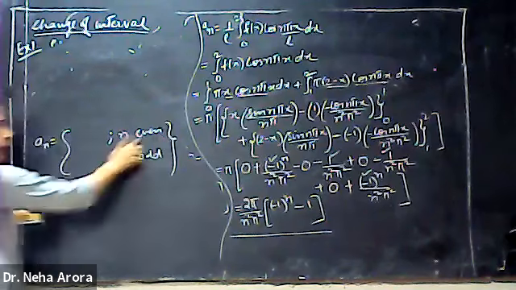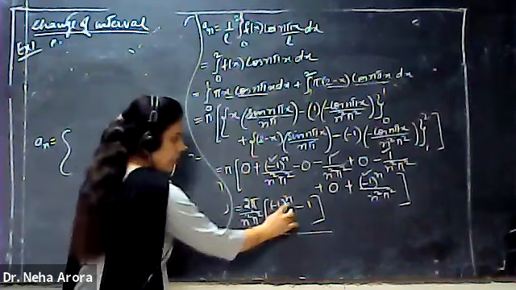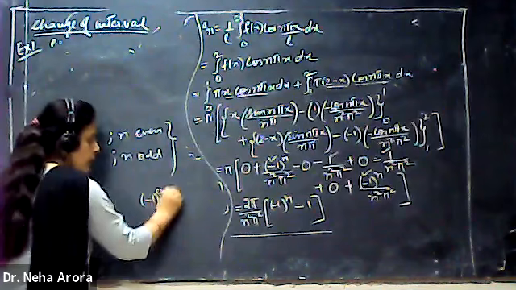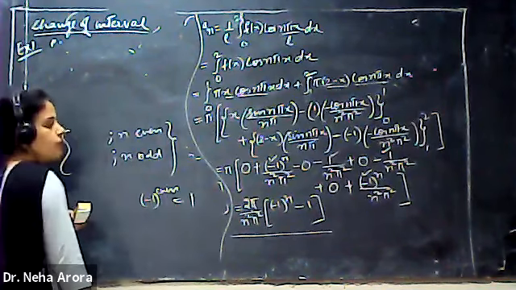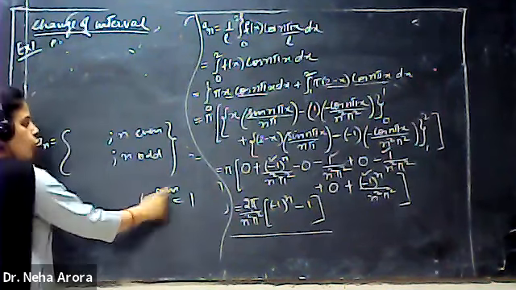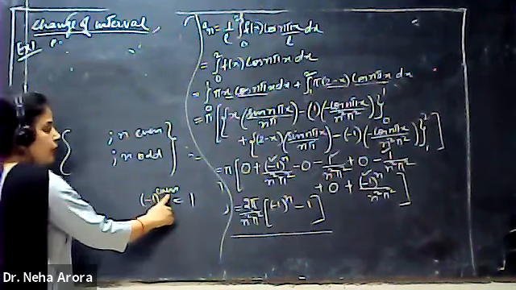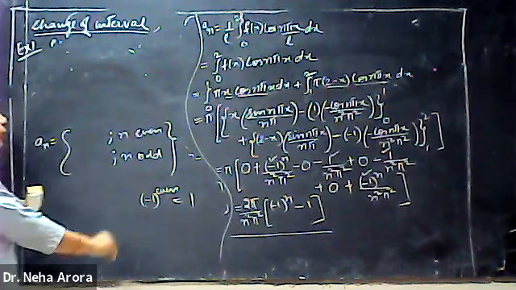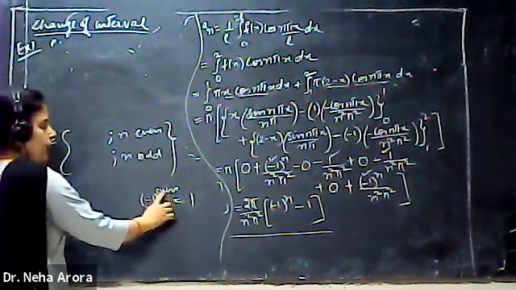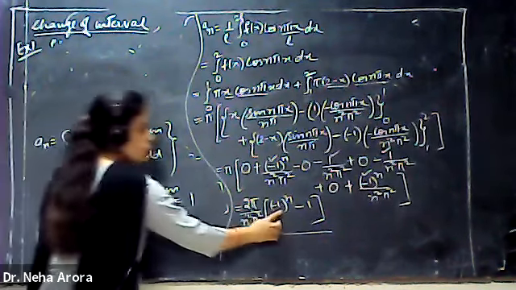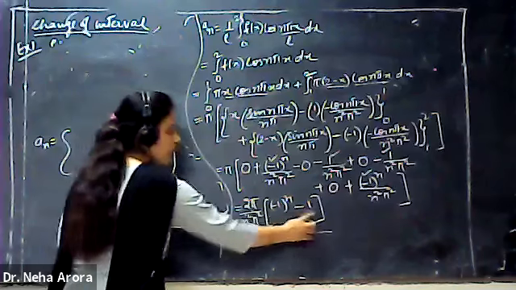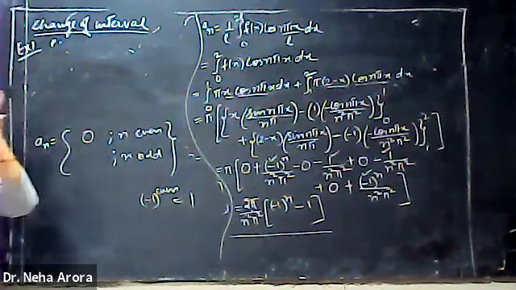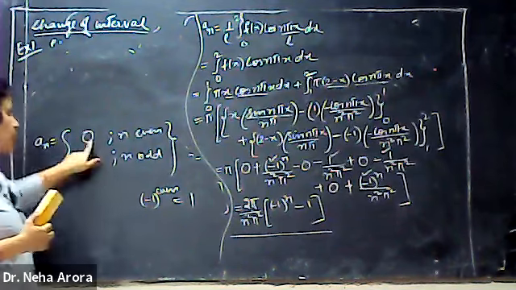Let's see. n even: −1 to an even power is always equal to plus 1, whether it is 2, 4, 6, 8, any value you can take. We are not supposed to write a particular value, we are talking about the general value. n even, so this is plus 1 and minus 1. Total will be 0. That means a2, a4, a6, a8, all the values will be 0.